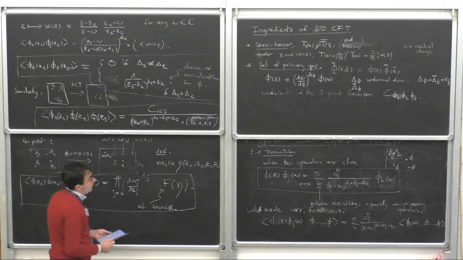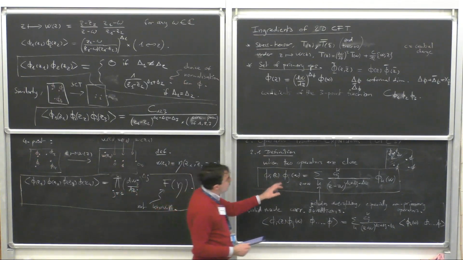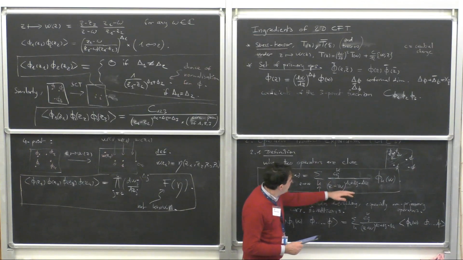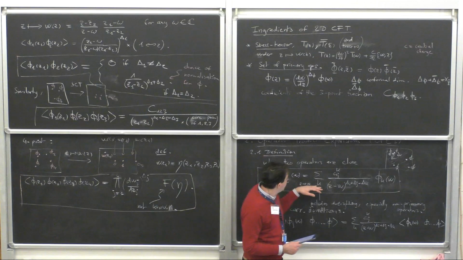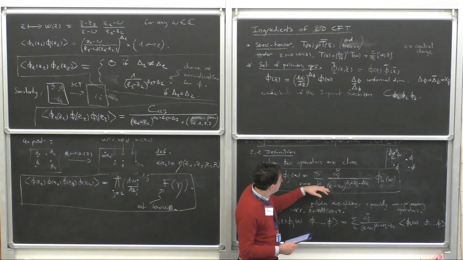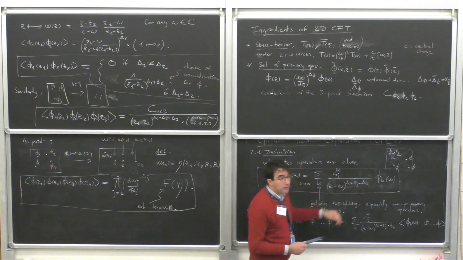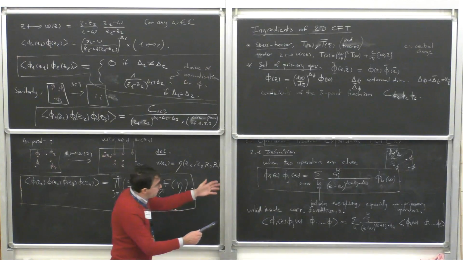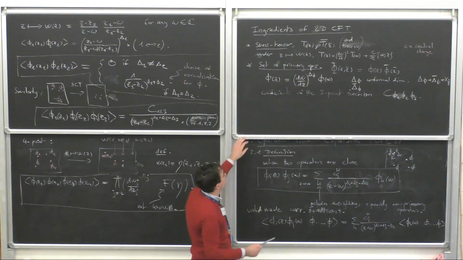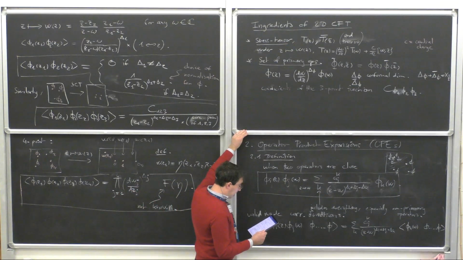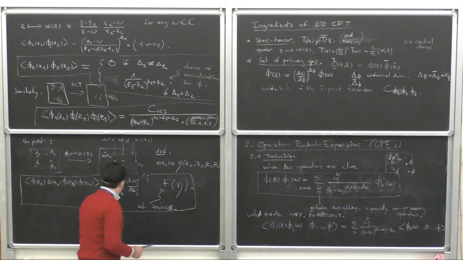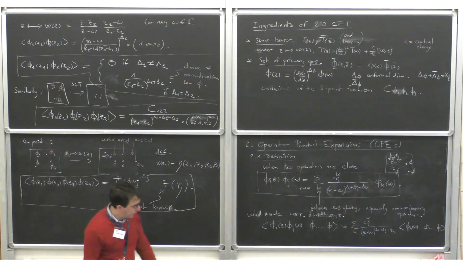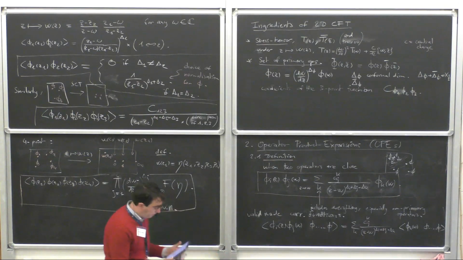Okay, so this expression again is useful only if you organize the series of terms here according to the scaling dimension. If you don't, then this is just an infinite sum and you don't know what to do with it. Okay, so now let's have a quick look, from that perspective, at the 3-point function again.